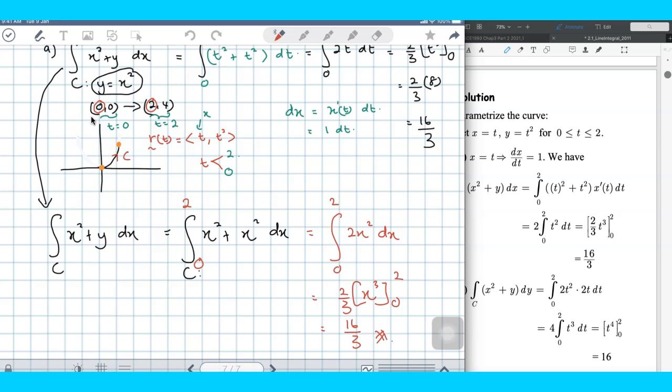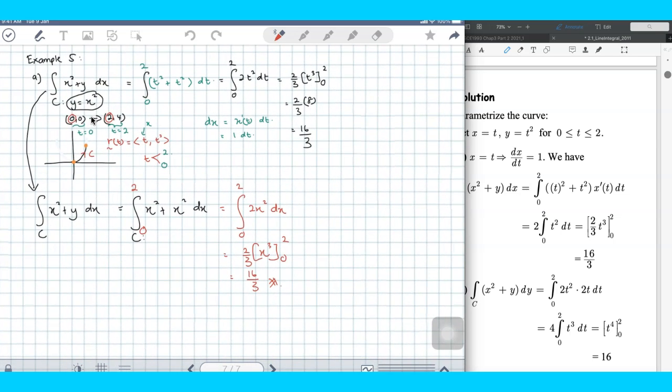So your answer is the same, and the second option is simpler. Both are correct, but the first is more tedious because you have to obtain the vector function of the curve. In this one, because it is dx, you convert everything only in terms of x using the curve provided, and you only need to find the limit of x. So we ignore the y.